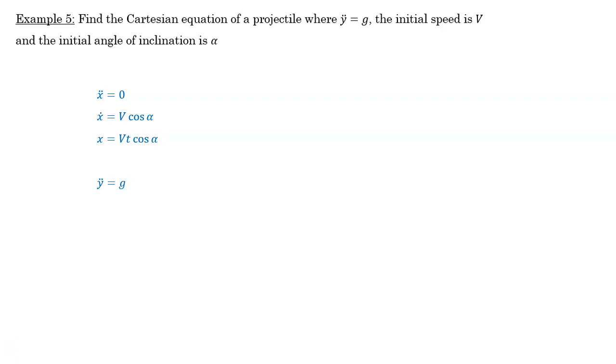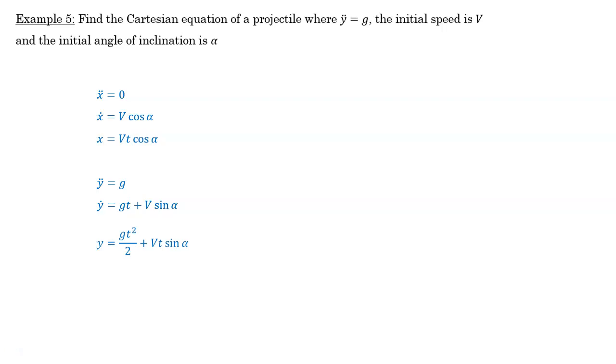Now the same thing with our vertical equations of motion. I said y double prime equals g. Vertical acceleration equals g, might be negative g. Then I integrate that and I get my velocity, gt plus a constant. My initial vertical velocity is v sine alpha.